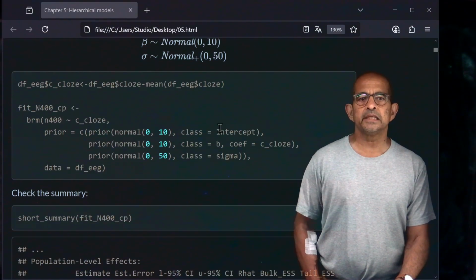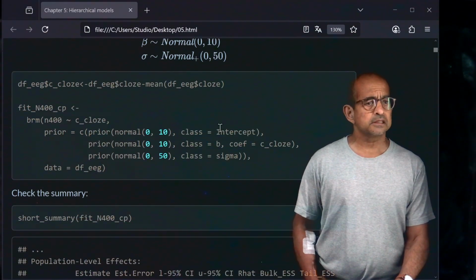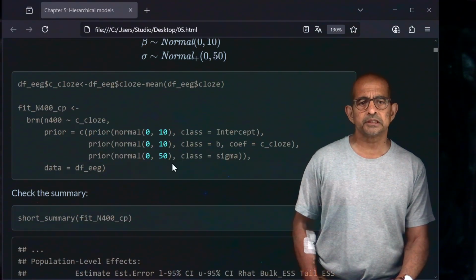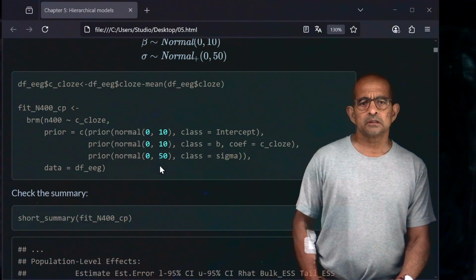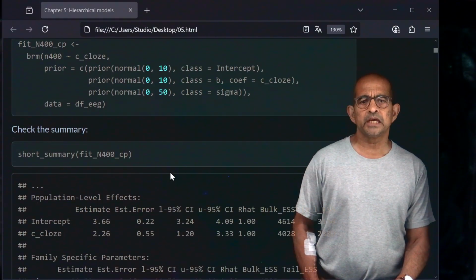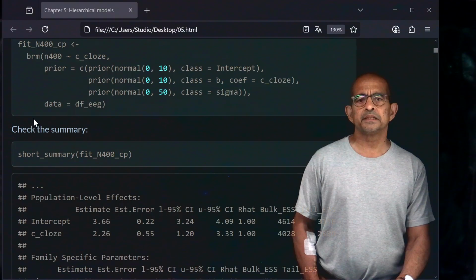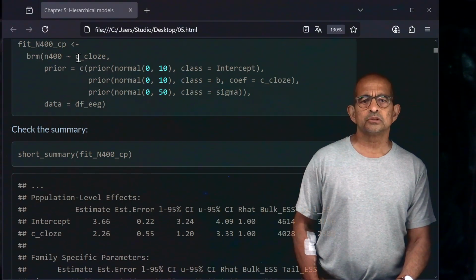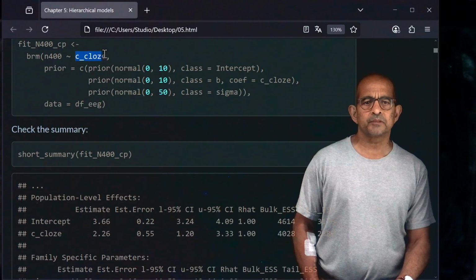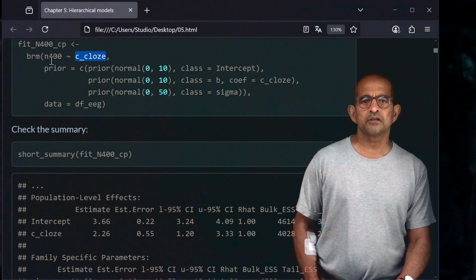So let's go ahead and fit this model. This is a simple linear model with one predictor. You've got the prior specification here for brms, and then we fit the data using the brm function as usual. Notice here that I did not write 1 plus centered cloze as the predictor for the dependent variable, which is the signal.